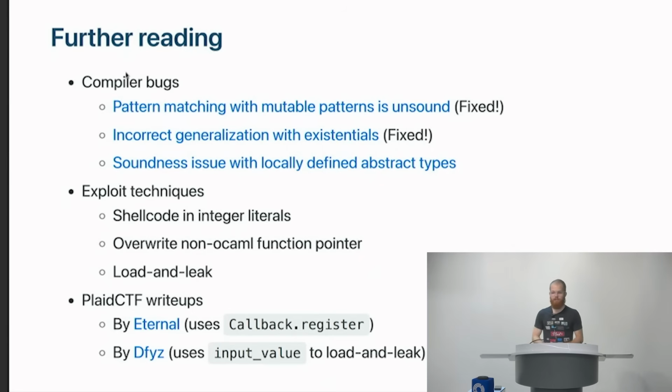Because OCaml is a garbage collected language, if you do the appropriate things to tune your heap, you can leave those strings littered all across the heap that you've read from your file. Then all you need is a carefully crafted string that spans the entirety of the heap. You can control the memory, so you can change the length of the string to say, actually my string is 10 times longer than I said it was, look over the entire heap, and then you can just leak out the flag.